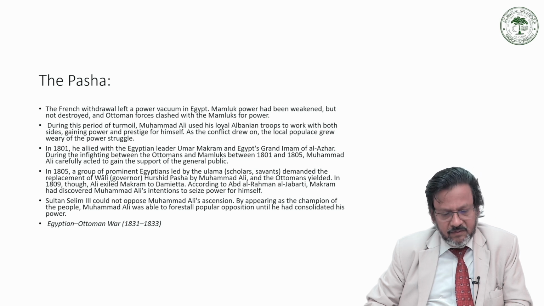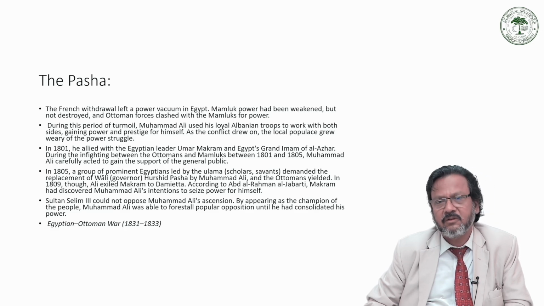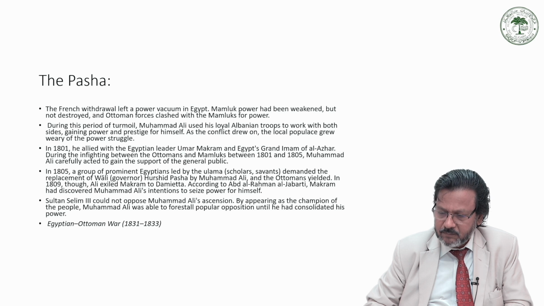Muhammad Ali carefully acted to gain the support of the general public. In 1805, a group of prominent Egyptians led by the ulama demanded the replacement of Wali Khurshid Pasha by Muhammad Ali, and the Ottomans yielded. In 1809, though, Ali exiled Makram to Dumyat, according to Abdurrahman al-Jibrati, who was the prominent historian of that time.